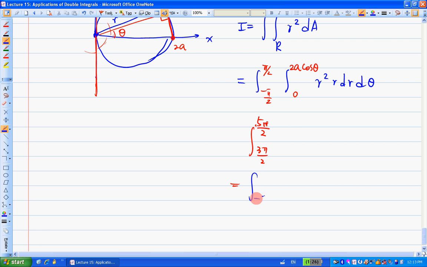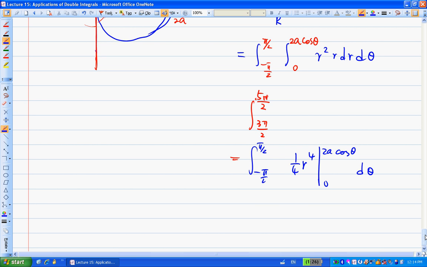The middle one here is r cubed, and the integral of that is 1/4 r to the power of 4, from 0 to 2a cosine theta, then d theta.